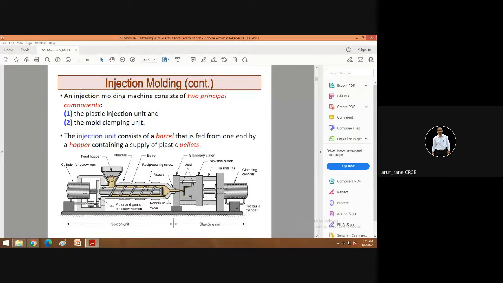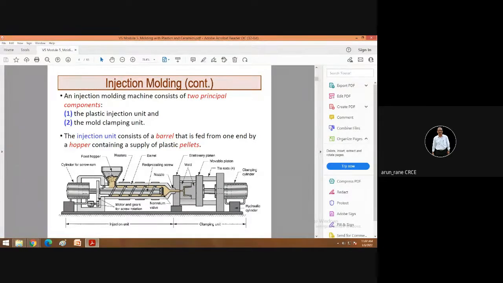So this is also called the screw and barrel assembly. This is a screw which is rotating as well as reciprocating. Why does it reciprocate? So that this material can be injected. This is the plastic material.